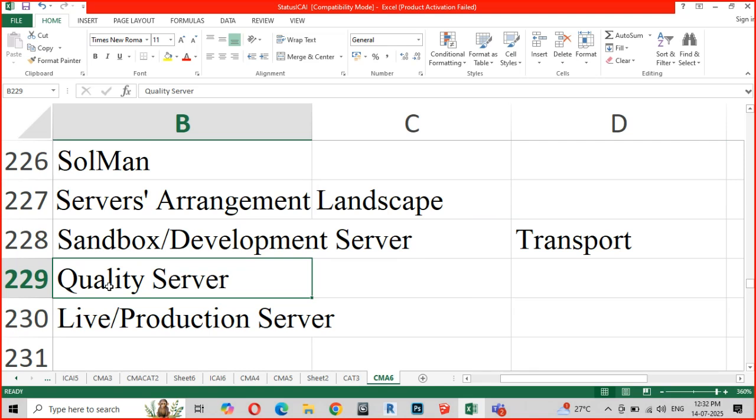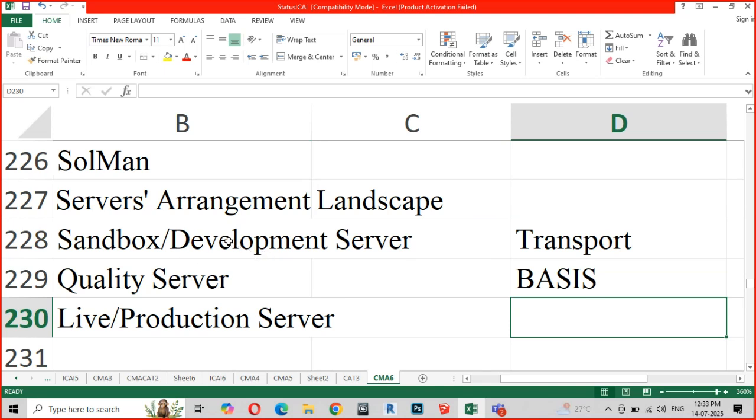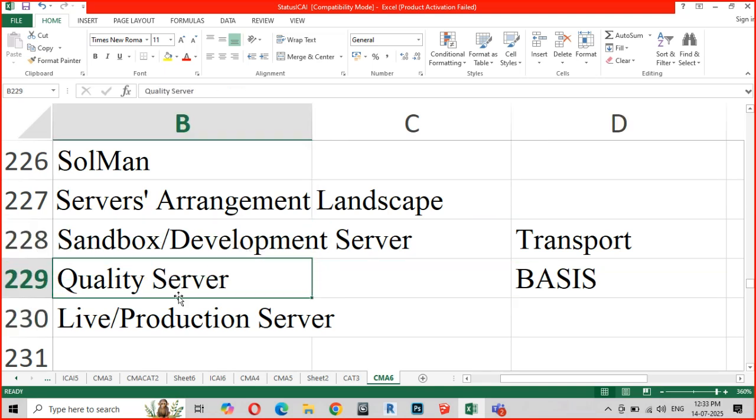And who does this? Normally, it is the basis consultant, the basis people in the project. They are responsible for the transport of the data, for moving the data from one environment to another environment.